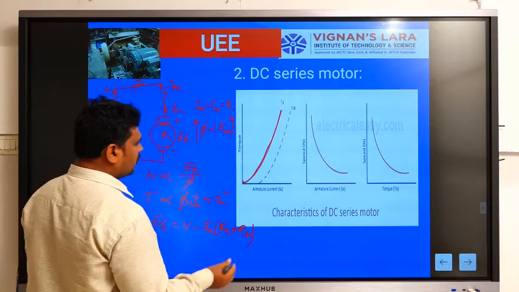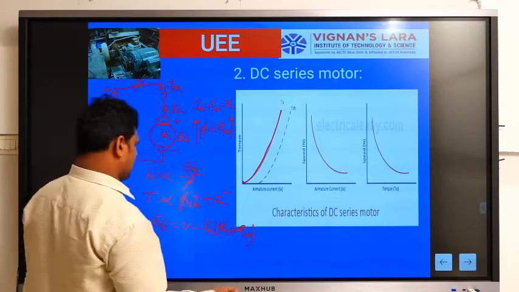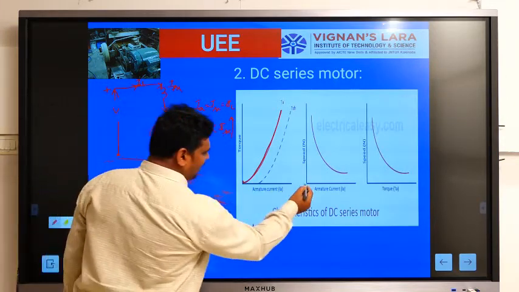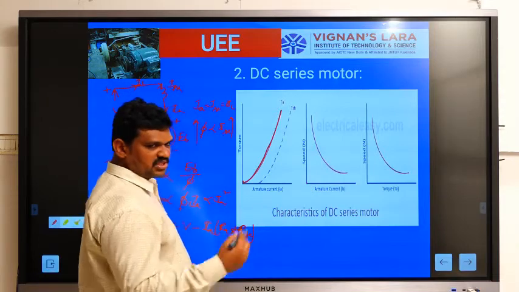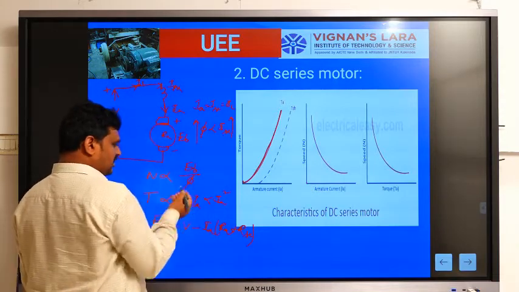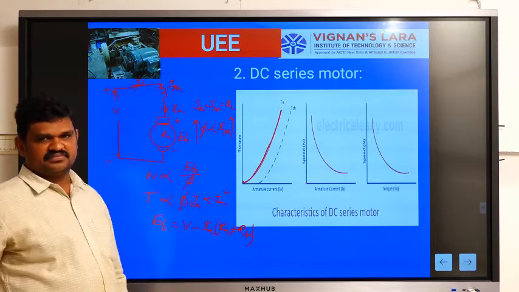Next, the armature current versus speed characteristics. When the armature current is 0, there is no load, which means the flux is 0. When the flux is 0, the denominator is 0, and N is infinity.